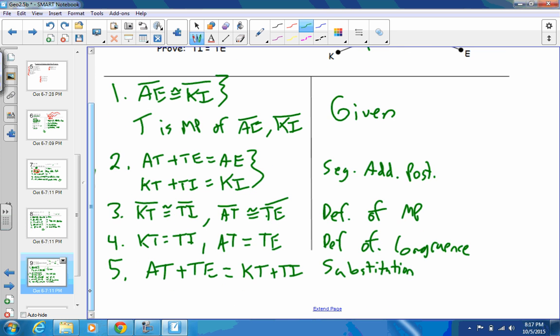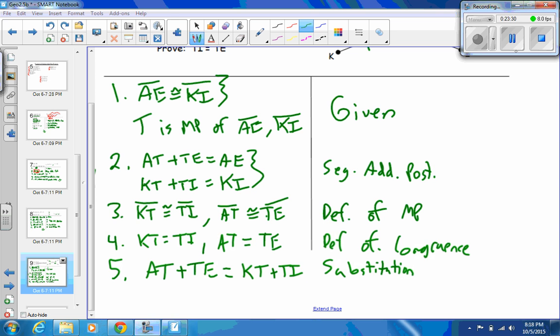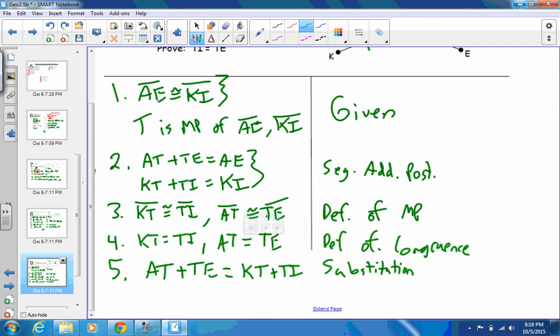And there's really only one more step. Well, maybe two steps. We need to substitute for either AT or KT. Hold on here, let me think. All right, I've got it. We did need this step 4. So if KT is equal to TI, let's substitute.